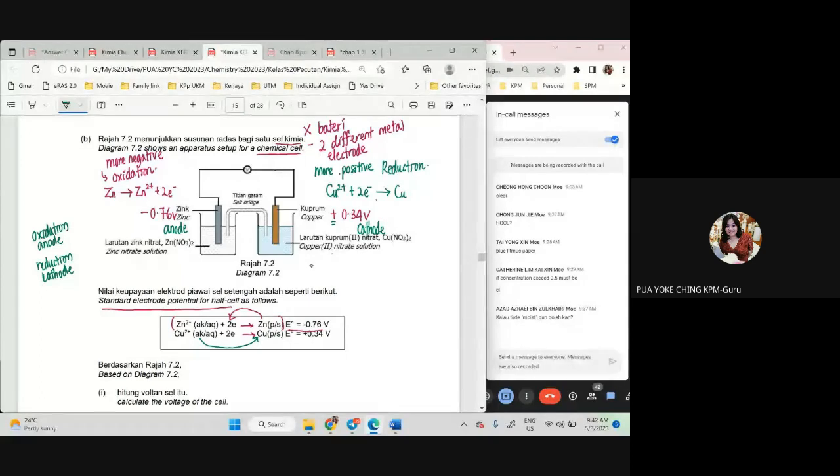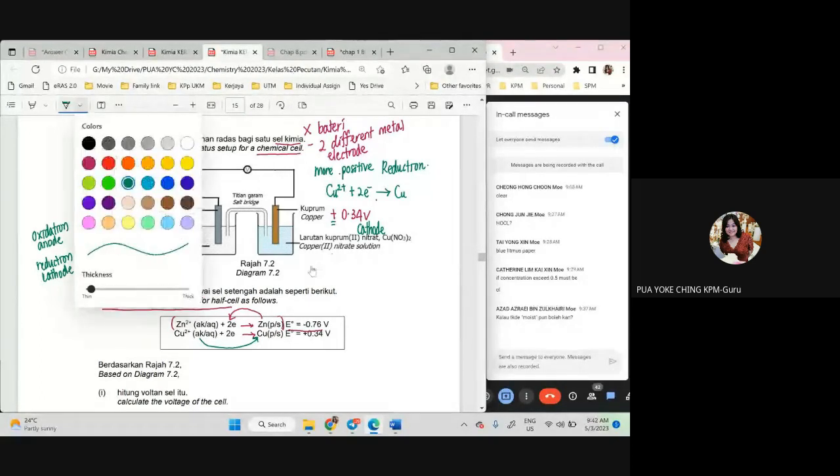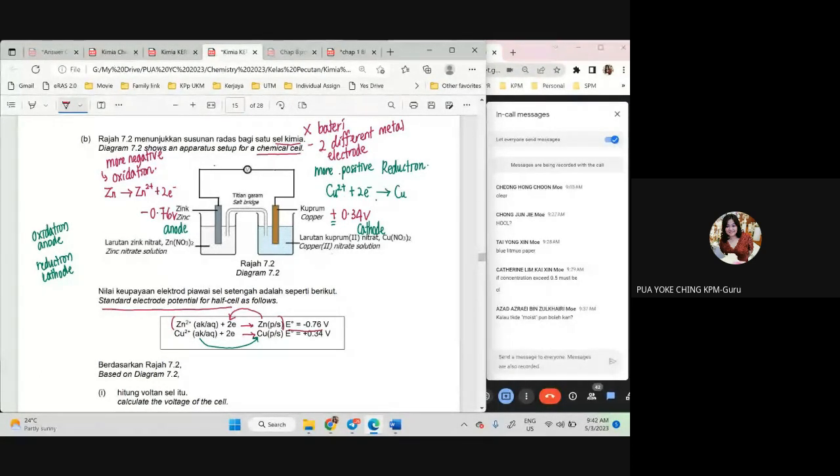Okay. Next, dia akan tanya mana negatif, mana positif. Ini plus 2e- kan? Ini ialah release elektron. So, sini negatif. So, elektron akan jalan. Zn jadi Zn2+, dia bebaskan elektron. So, elektron yang dibebaskan akan bergerak dari wire, jalan, sampailah copper.